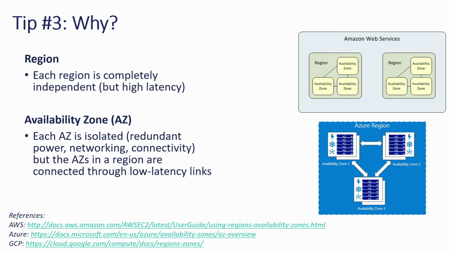There, the cloud providers ensure that, first off, there's a great deal of separation of infrastructure, like redundant power, networking, and connectivity. But the availability zones are connected with low latency networking. So it actually works to have nodes of a single cluster deployed into different availability zones within the same region.